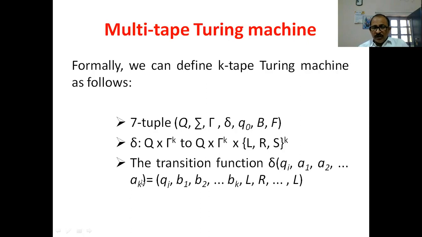These are the K symbols placed on the K tapes, and there are K tape heads. So the machine in state Qi reads A1, A2 to AK, then the machine goes to state Qj, replaces A1, A2 to AK by B1, B2, to BK, and moves the tape heads: first tape head left direction, second tape head right direction, and so on.